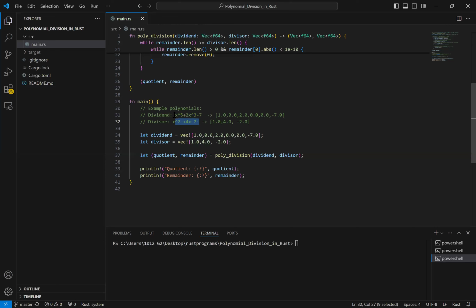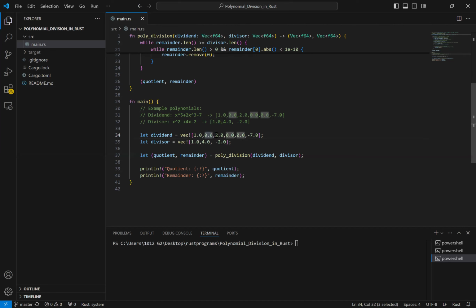So if the dividend is x raised to 5 plus 2x cubed minus 7, you begin by the coefficient of x raised to 5, which is 1. What about the coefficient of x raised to 4? You must put it there, it is 0.